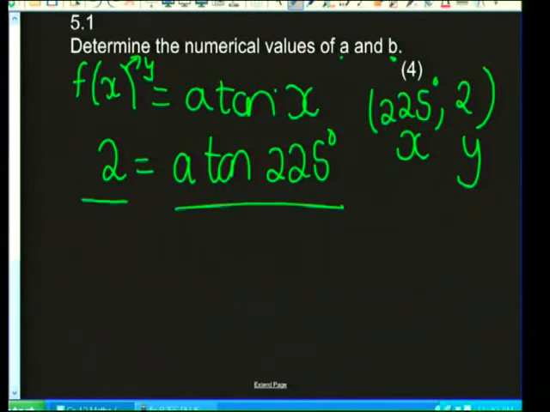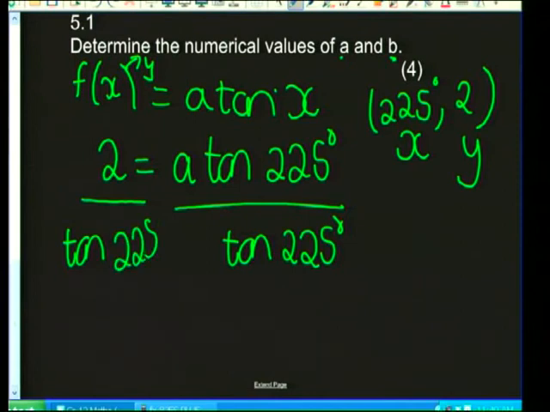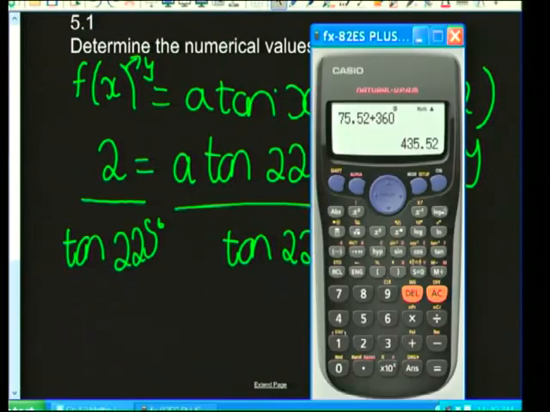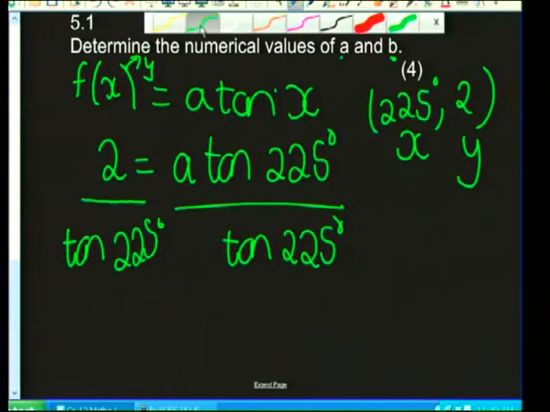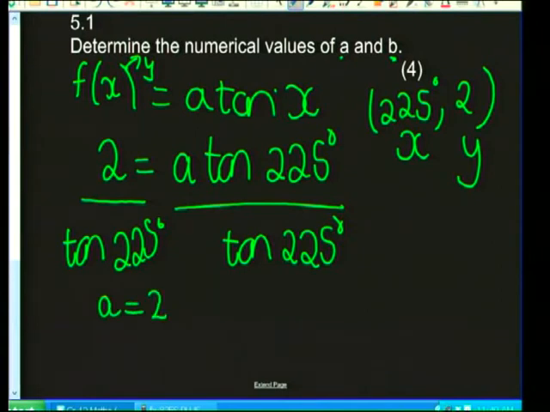Then we'll divide both sides by tan 225 to get the value for a. If you want to do that on your calculator, you just say 2 divided by tan 225, which is 2. That means that a is equal to 2.